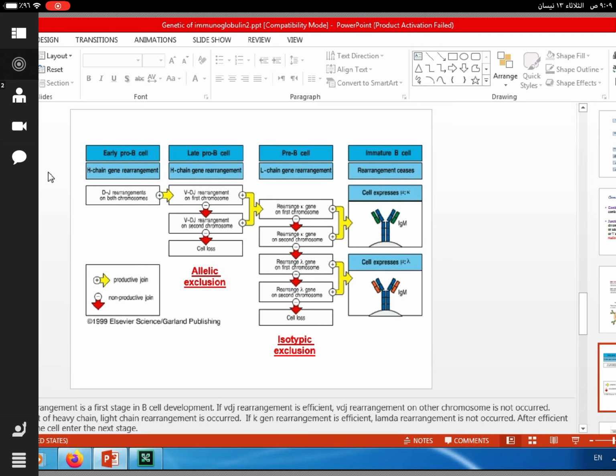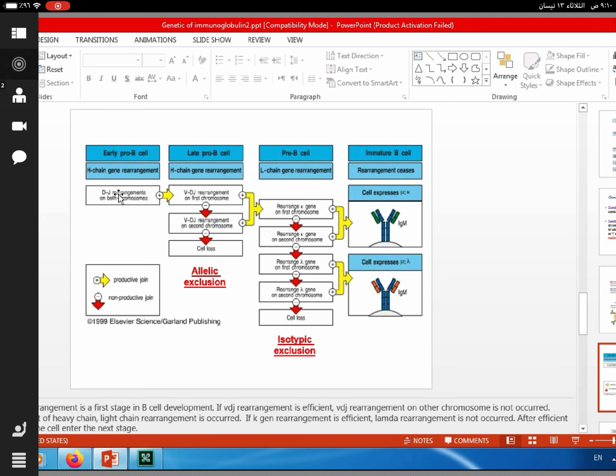We can divide B cell development into different stages: pro-B cell, pre-B cell, immature B cells, and finally mature B cells. And pro-B cells, we can divide into two stages: early pro and late pro.